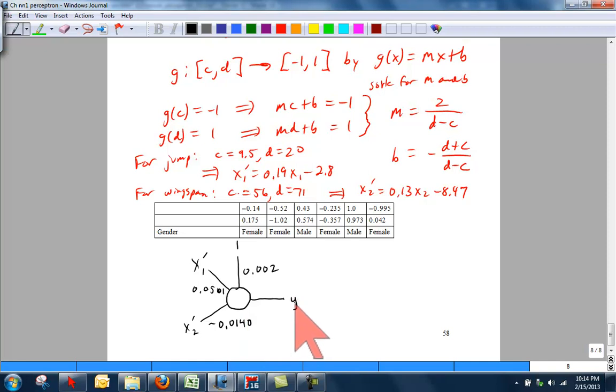This is Y, the output, where an output of 0 is a woman and an output of 1 is a man. So now the network has been taught.